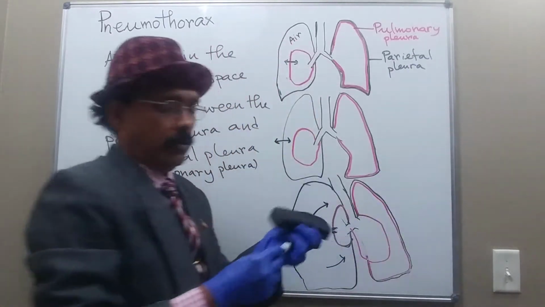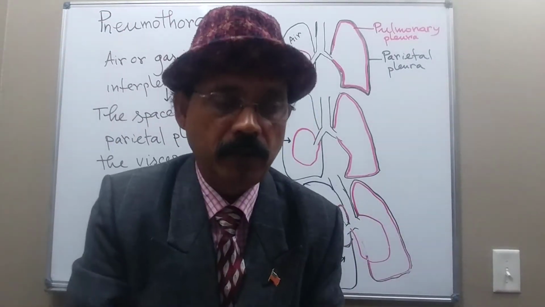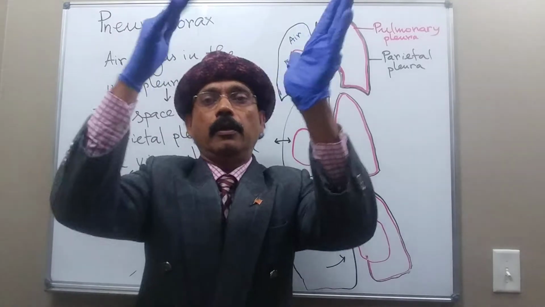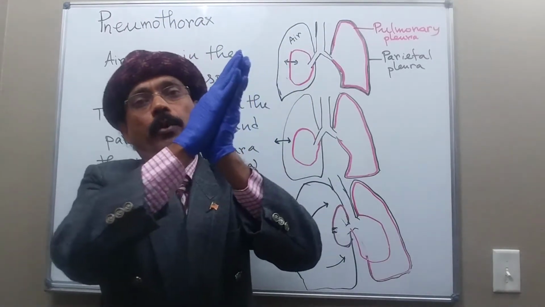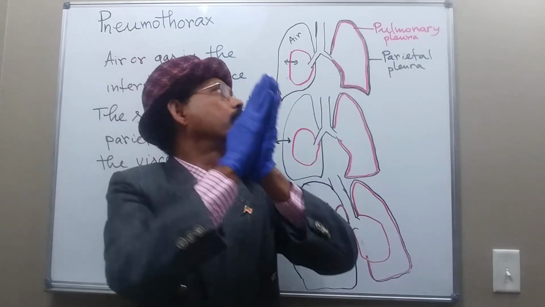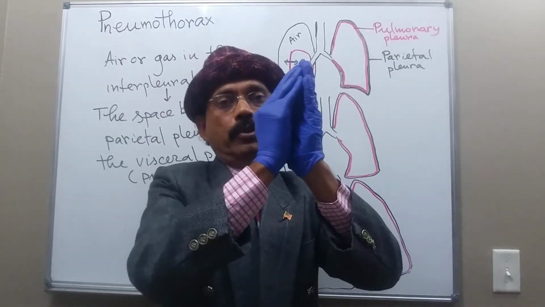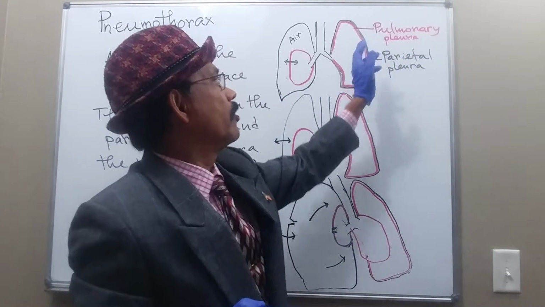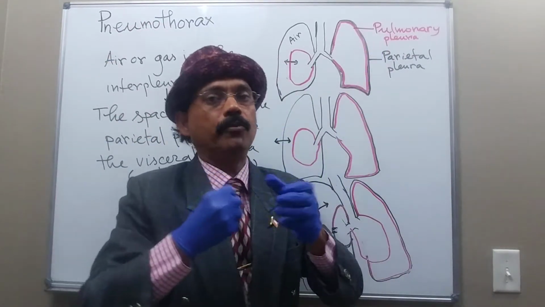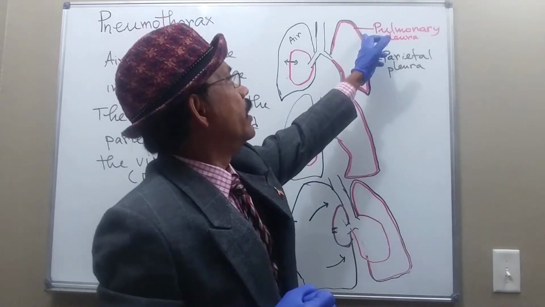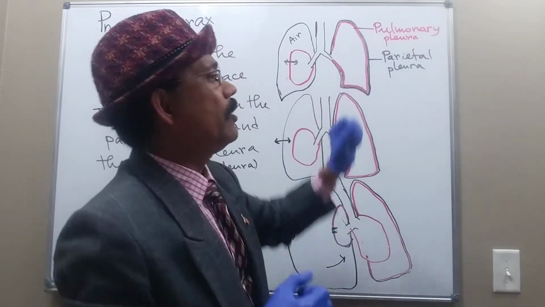Okay, so in our life, these two pleura are one over another, in close contact. There is no gap between the parietal pleura and visceral pleura. Lung has a tendency to collapse, so we always have negative pressure in the interpleural space.